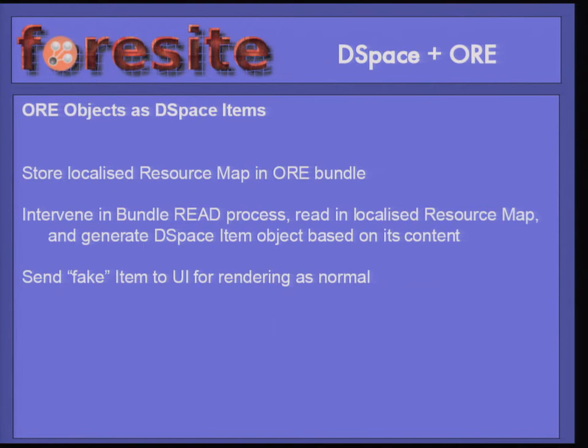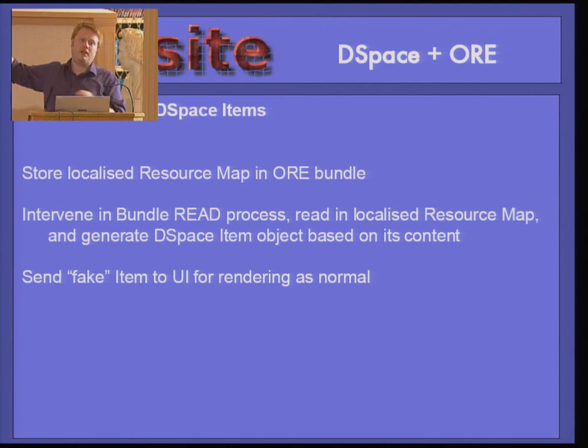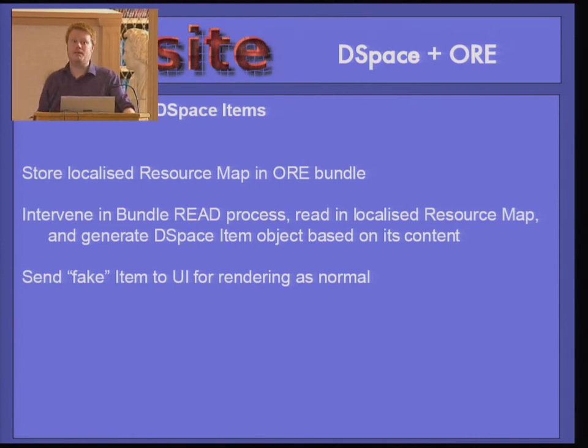So how do you interact with such an object? It's not that much use, at least it didn't seem to me, to be able to go to this DSpace item and instead of being given a list of the PDFs, be given a list of the resource maps, and you'd have to open them up and find the PDFs yourself. That's no use at all. So what we actually do, and this is a cunning trick, those of you who know a little bit about the underneath of DSpace will understand a little bit more what I'm saying, but we store the resource map in a special place inside the item called a bundle, and I have a specific bundle in which I put all my ORE-related materials.